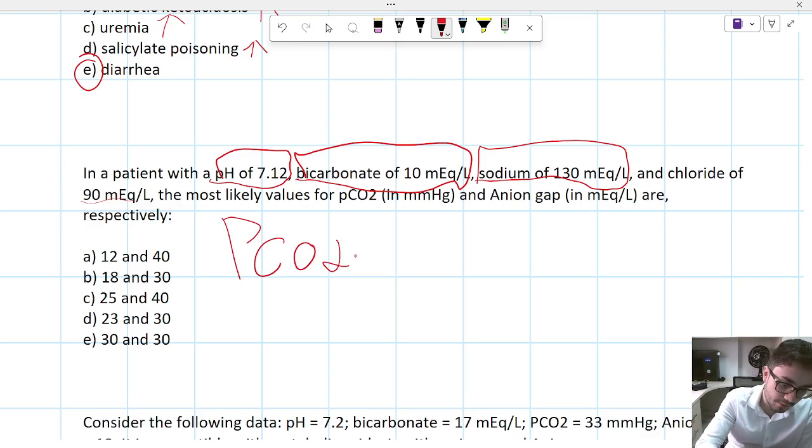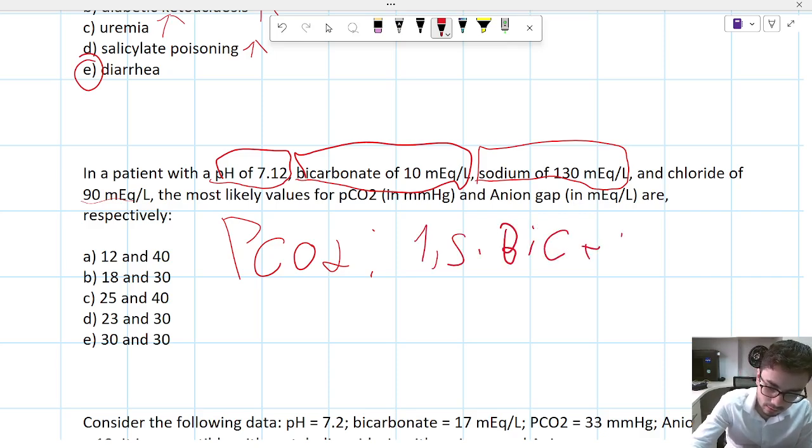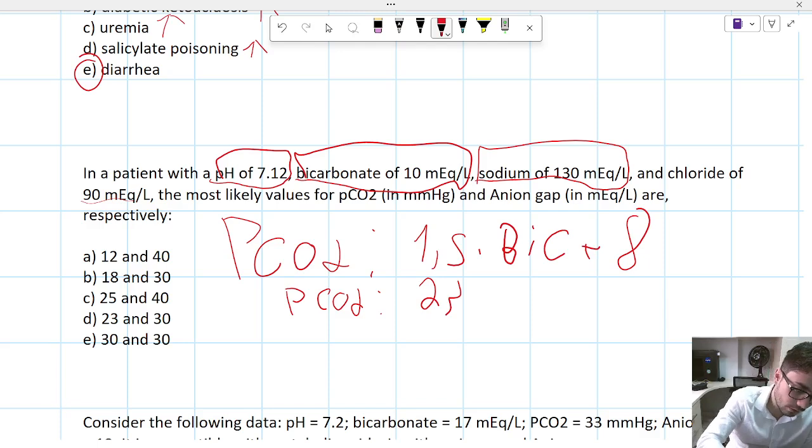If you remember the other class, we learned how to calculate that. So the expected value for PCO2 will be 1.5 times bicarb plus 8. So if our bicarb is 10, it will be 15 plus 8, equal to 23.